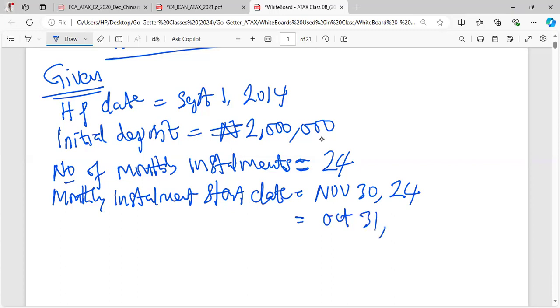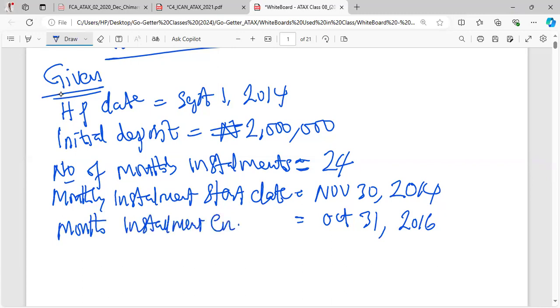So the 12th month will be October 31st, 2015, right? That means the 24th month will be October 31st, 2016. So that is when the monthly installment will end.